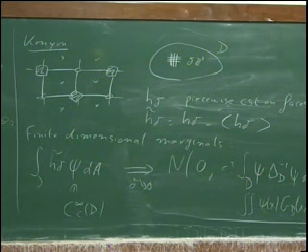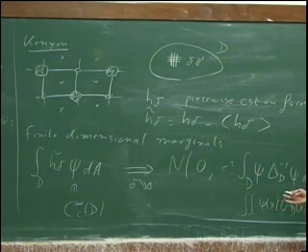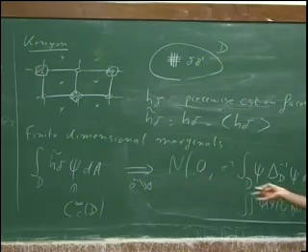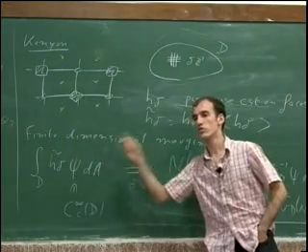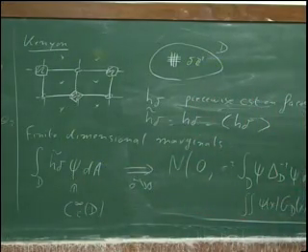Okay, so if you ask the question in this fashion, what would be a limiting object which has the property that when you test it against a smooth function, you get this expression?